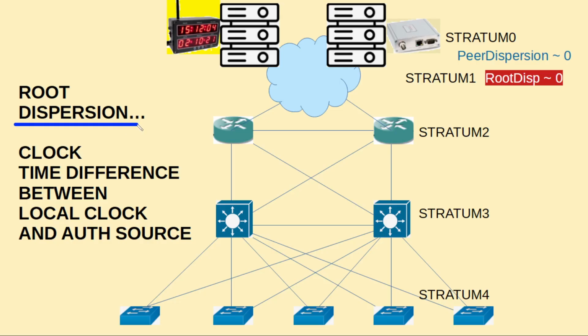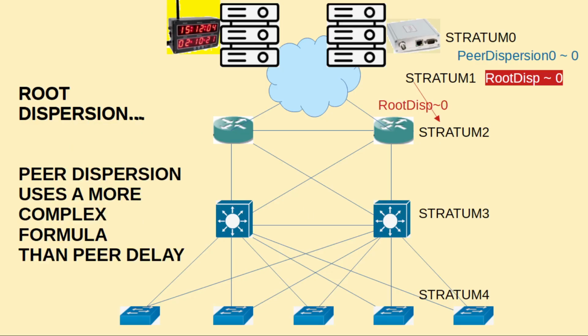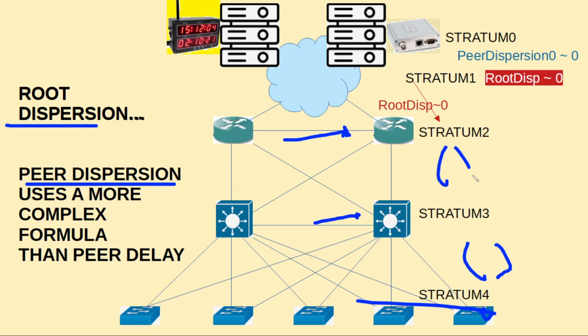With root dispersion, we are going to measure the clock time difference between the local clock and the authoritative source. In order to calculate the root dispersion at each stratum, we are going to have to calculate something that is known as peer dispersion between strata. This peer dispersion calculation uses a more complex formula than the one that we use for peer delay.